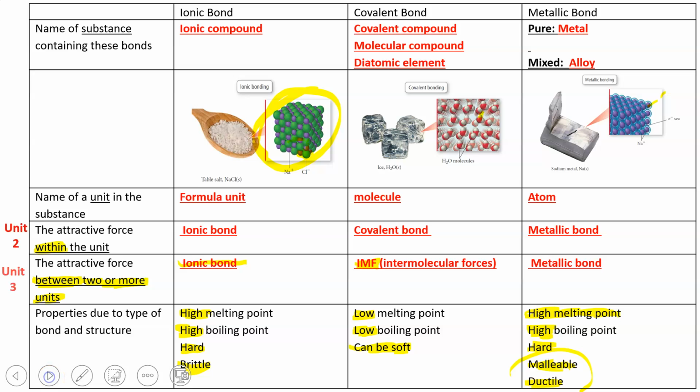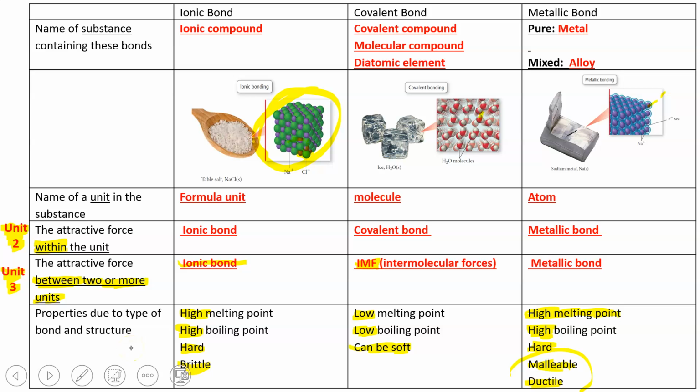Oh, by the way, we will be talking more about intermolecular forces in Unit 3. We're in Unit 2 right now, so we're going to be focusing in Unit 2 on the attractive forces within the unit. That's the bond, the ionic, covalent, or metallic bond.